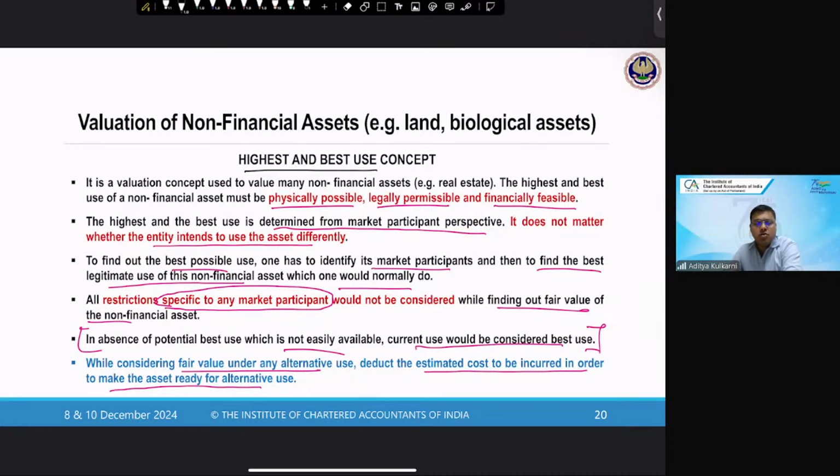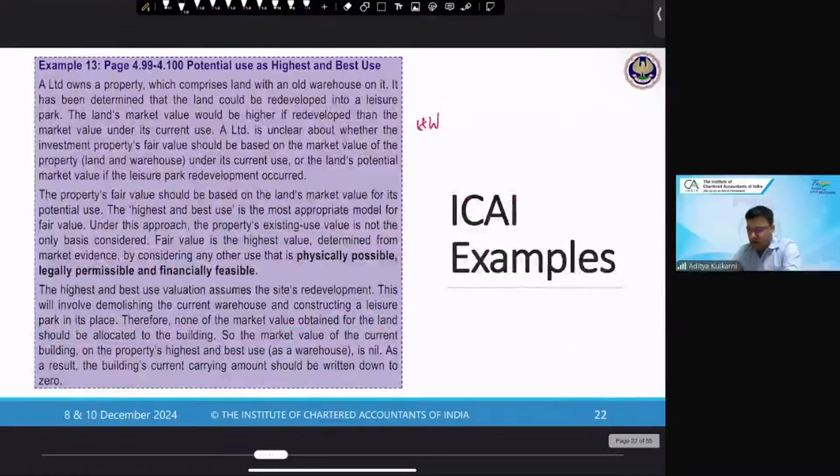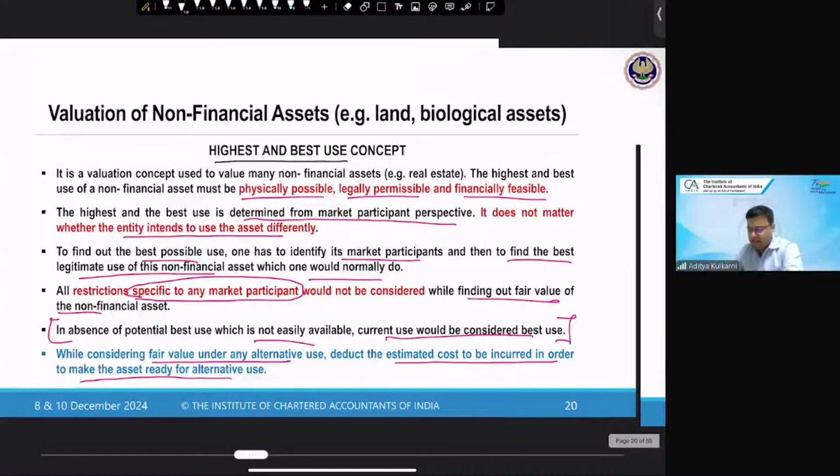What is important to note is that in the absence of a potential best use that is easily available, the current use itself would be considered as the best use. And for considering fair value under any alternative use, you will have to deduct the amount incurred to make the asset ready for that specific usage. So that is your valuation of non-financial assets.